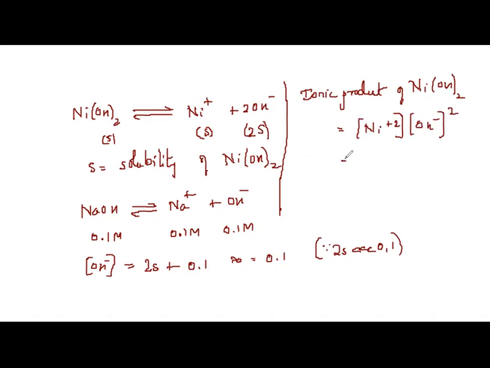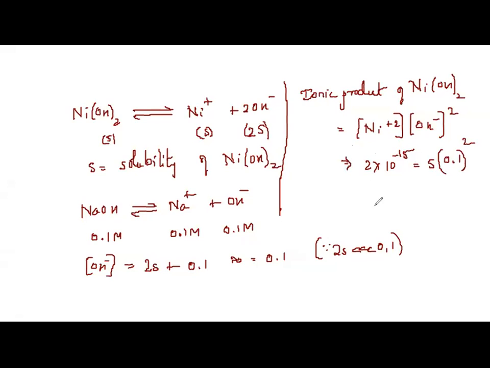That is equal to 2 into 10 raised to minus 15. They have given the ionic product. Ionic product of nickel hydroxide is given. 2 into 10 raised to minus 15 is equal to, nickel is s, into, and OH- we have seen it is 0.1, the whole square.